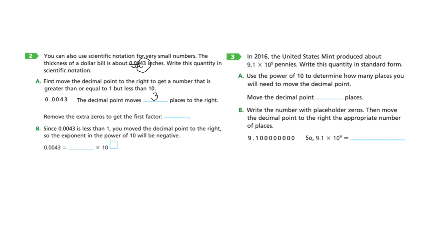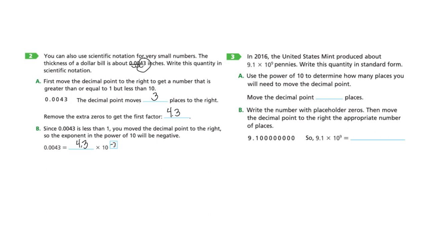And so you're going to take all those zeros off, and you have 4.3. Since 4.3 or 43 10,000ths is less than 1, you move the decimal point to the right. So the exponent in the power of 10 will be negative. So it equals 4.3 times 10 to the negative 3 power.